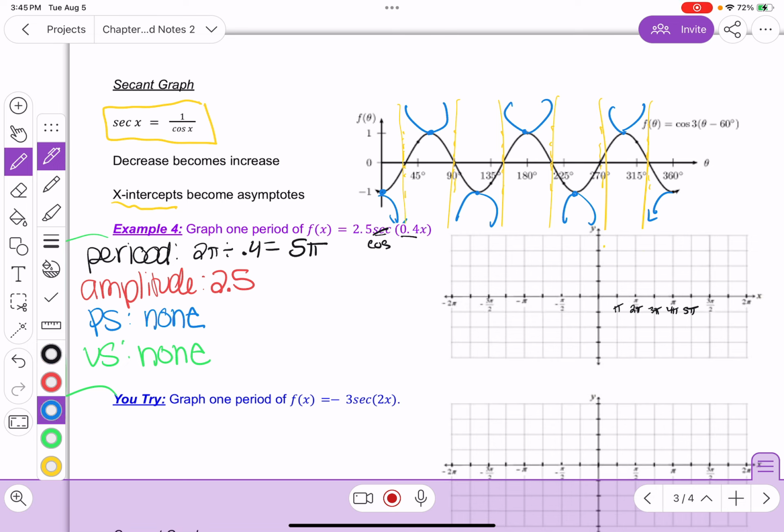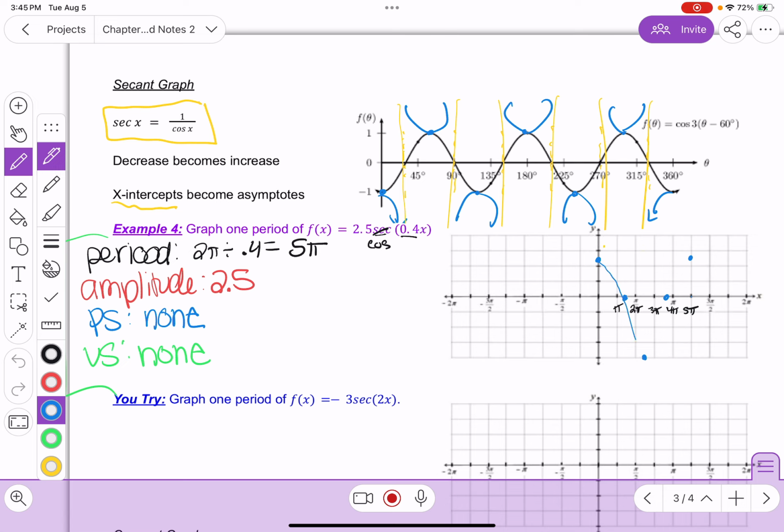So phase shift none, amplitude 2.5, cosine we start at max. So we'd start at 2.5 and we'd end at 2.5 because cosine we go max to max. And so at the middle, 1, 2, 3, 4, 5, we'd have the minimum. In between the max and the min, we hit our midline.